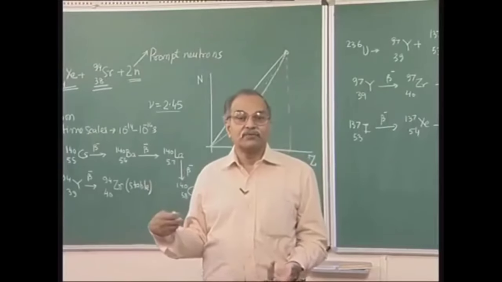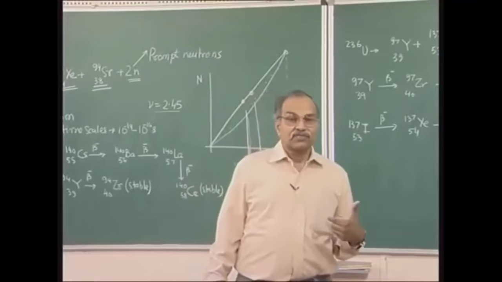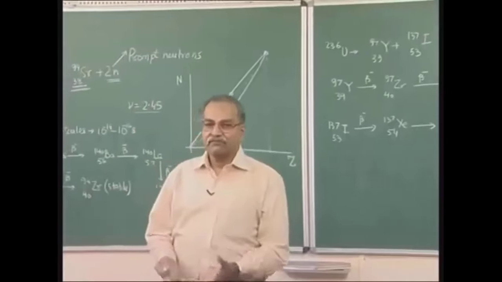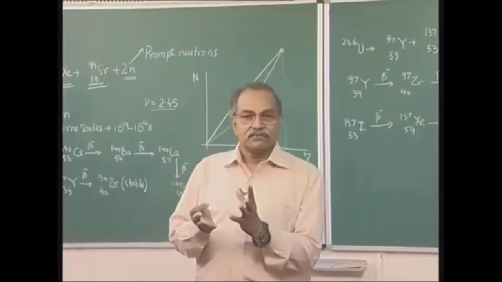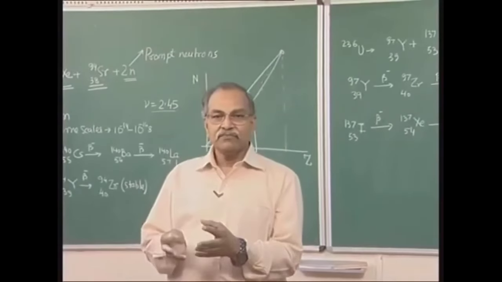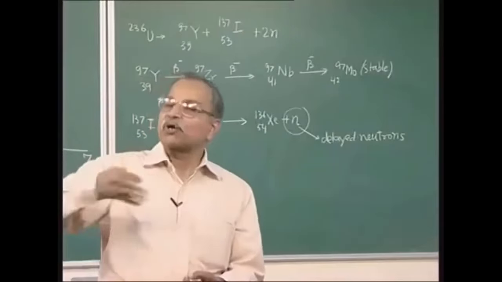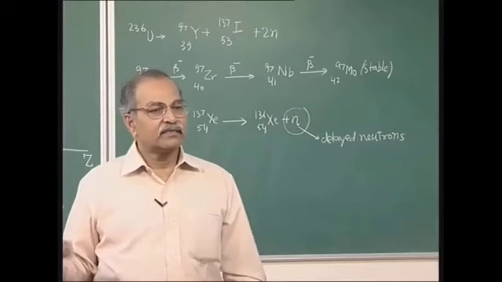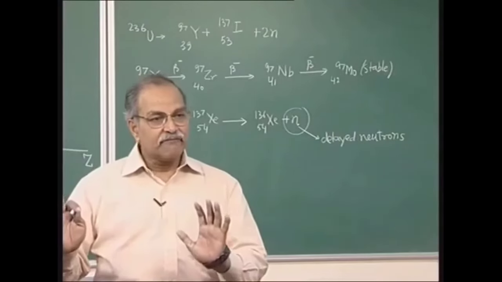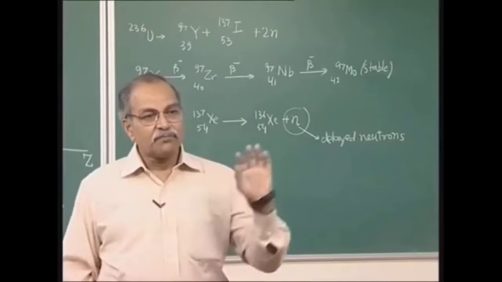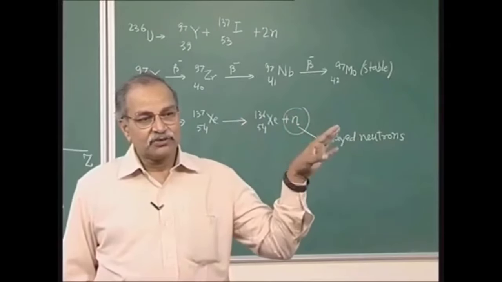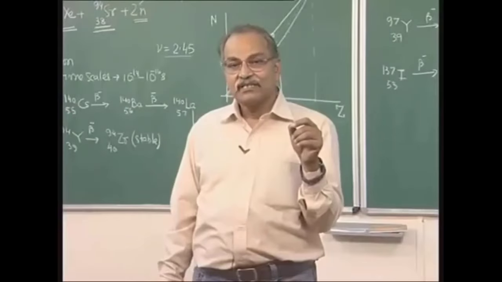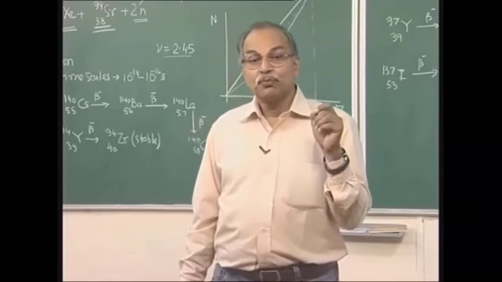Those neutrons are known as delayed neutrons. In an overall reaction, if you have a few milligrams or micrograms of uranium which is fissioning, and all sorts of fragments are being created and decaying through beta and other processes, then on average the number of prompt neutrons is 2.45 or so, and the average number of delayed neutrons is something like 0.02 per fission.